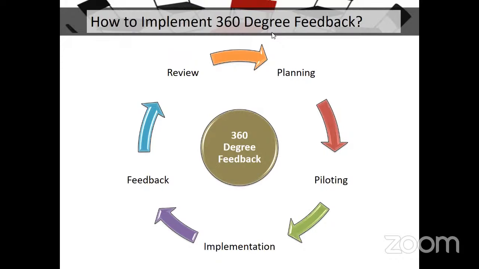Irene? Yes, please. Is there a reason why your screen is not changing? It's not changing. No, we're still on the implementation, the review, the planning, piloting, implementation, feedback, that circle. Really? Wow. Yeah, all this time we've been on that. Oh my goodness. Thank you. Sorry for that.